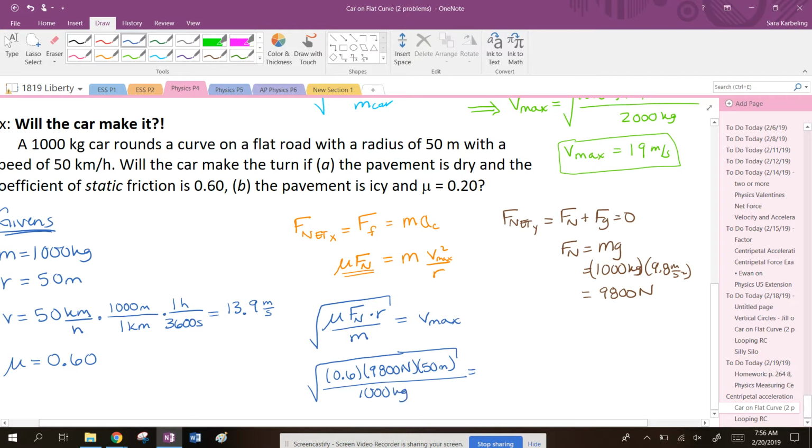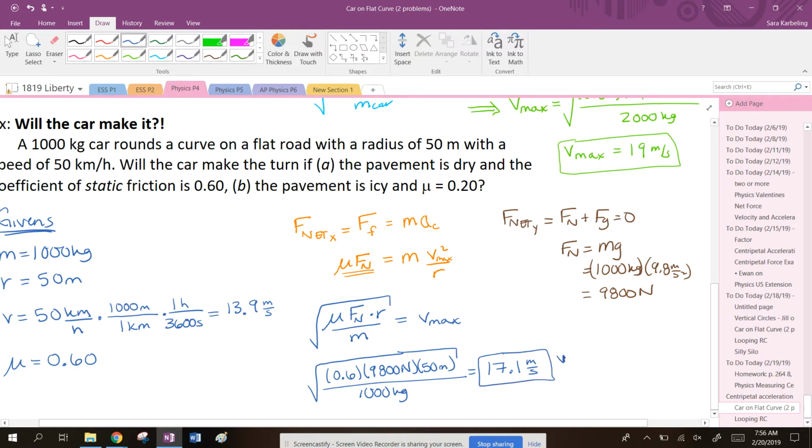We want to find out the maximum velocity to safely go around that curve if the coefficient of friction is 0.6. I take the square root of that, and I get a maximum allowable speed of 17.1 meters per second.